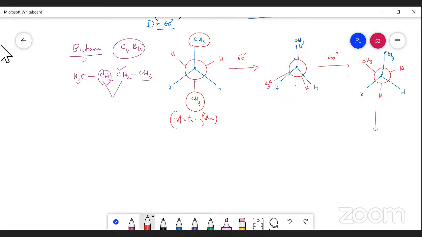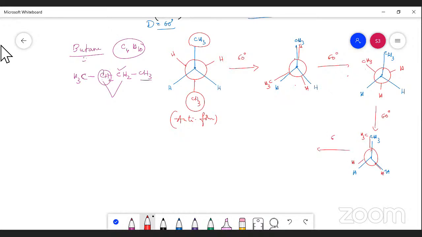Further rotate it 60 degrees, and now this methyl group comes to here: CH3, hydrogen and hydrogen. Now both CH3 groups are very close. This is structure 4.